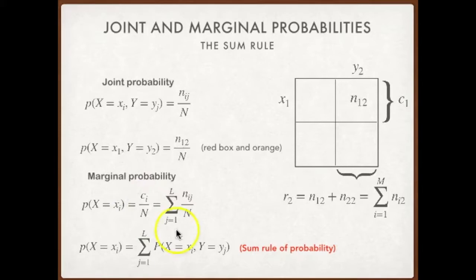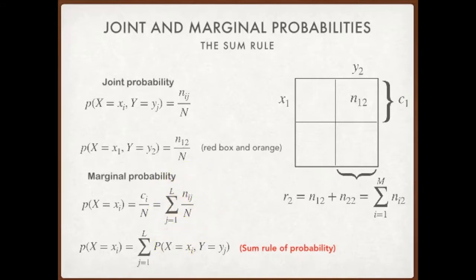Now, as you know, Ci is equal to the sum of the ith row in the adjoining figure. Thus, we can write Ci over n as summation over all possible values of j, that is, nij over n with summation over j.